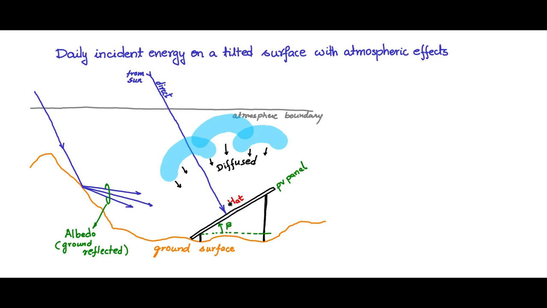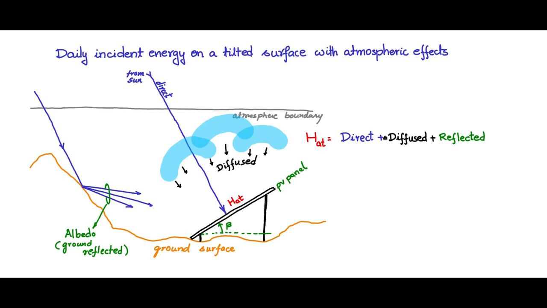And it is our objective to find HAT. HAT is the energy incident on the flat plate collector, which is tilted at an angle beta, including the atmospheric effects. That is what HAT means. And HAT is actually a composition of energy from direct radiation plus energy from diffused radiation, plus energy from ground reflected radiation, or the albedo.